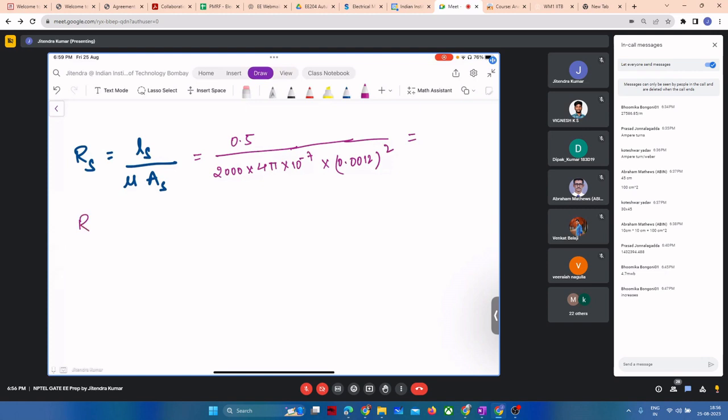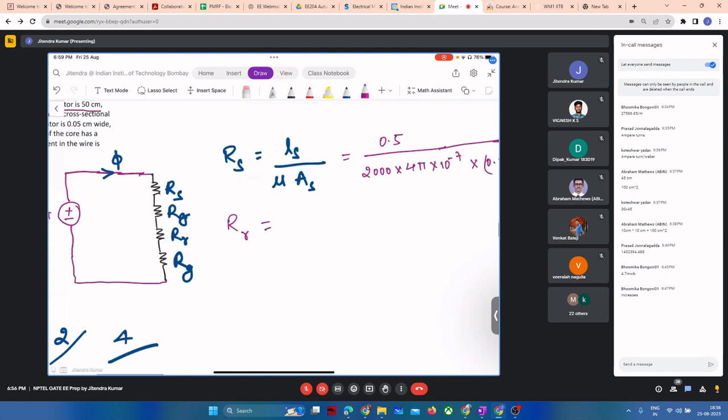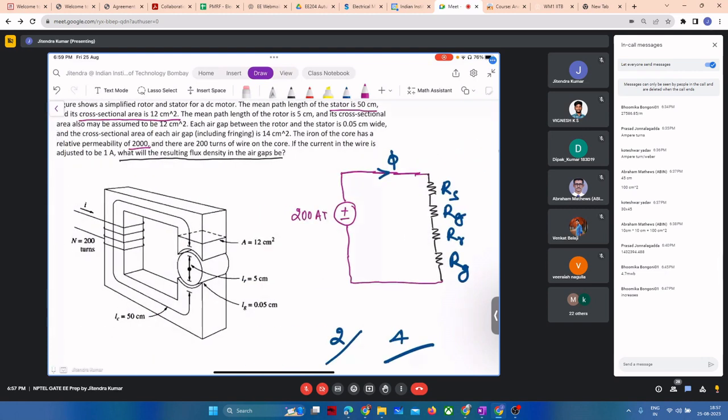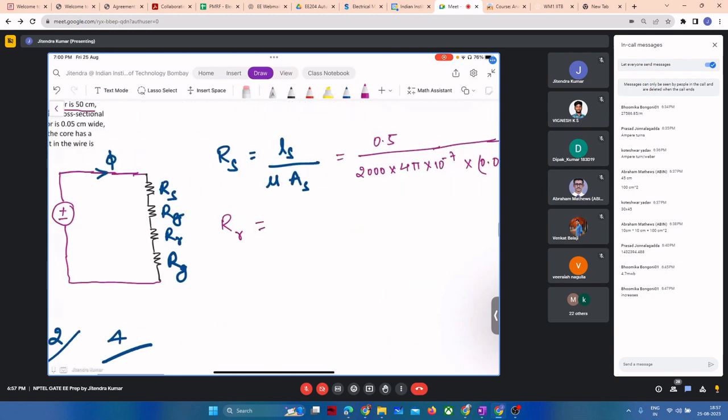Next is the rotor reluctance. Rotor length is given as 5 centimeters, and the area should also be given. It is 12 centimeters square, the rotor area.